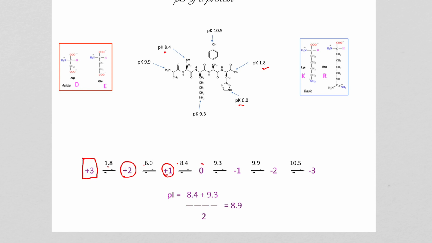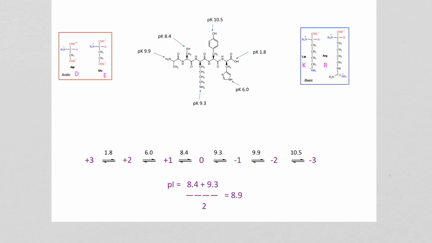That will give you a structure of 0. Then after the next lowest pK, 9.3, you get a structure with net charge of -1, and so on. 9.9, you'll get the structure with net charge of -2, and then the next lowest pK, 10.5, you will get a structure with net charge of -3.